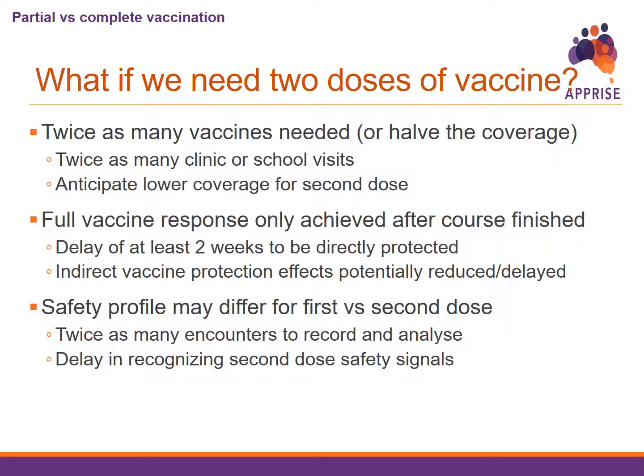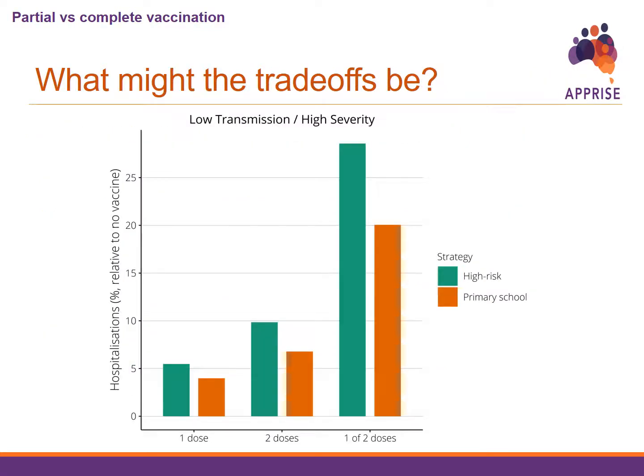We have also observed for some vaccines that the safety profile might differ for the first and second dose, and again this means we have twice as many encounters to record and analyse, and if the safety signal is only present following the second dose, there could be a delay to recognising this. Because of this interaction between direct and indirect effects, it can be tricky to predict what the need for 1 or 2 doses might mean.